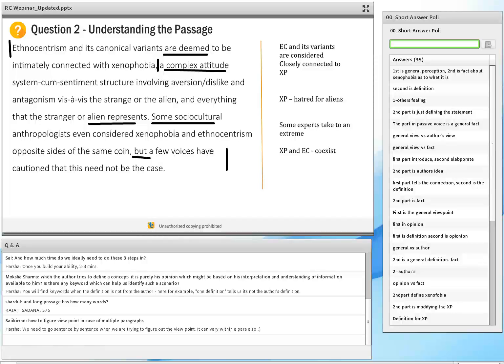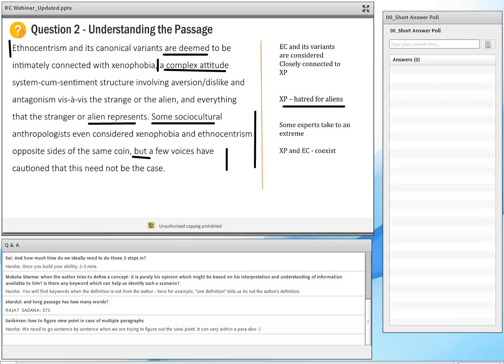So when you think about what the author tells you, the only thing the author says he believes in is this definition of what XP is, which is hatred for aliens. Everything else is what someone else is saying, and the author merely mentions that.